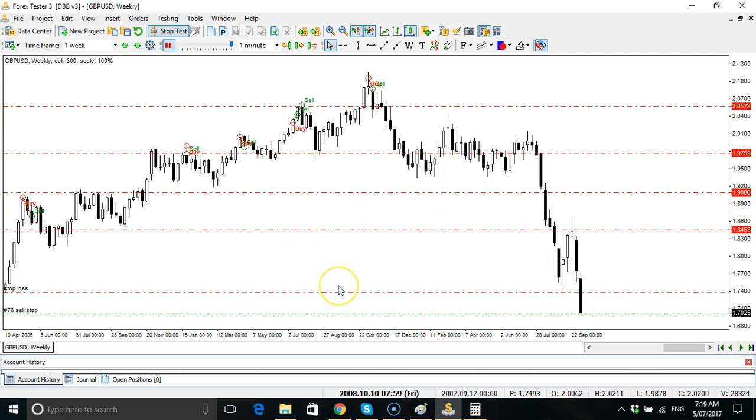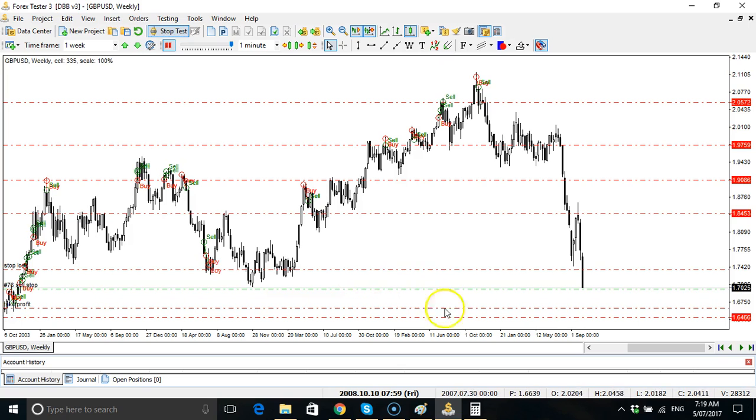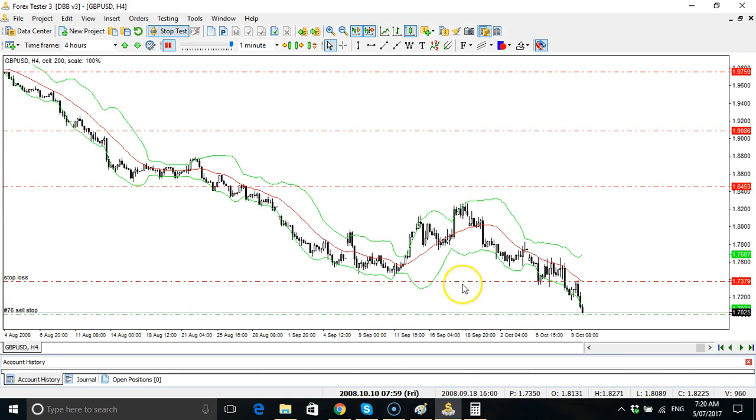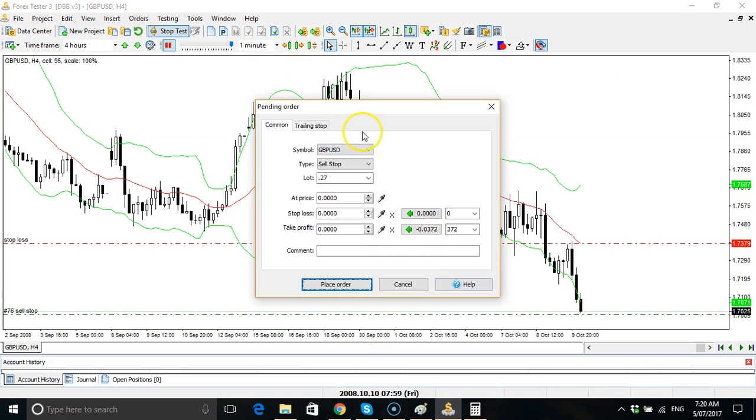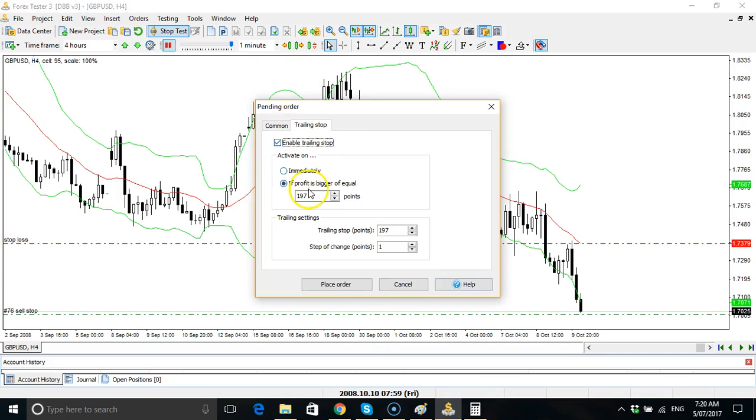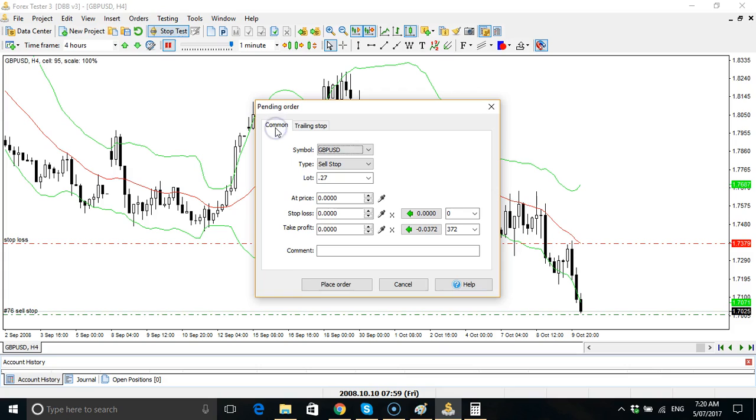I'll just go to the weekly again. I don't know why it keeps doing that little whoosh sound thing, but Forex Tester, keep it real. If you don't want to use this or you're using other software, that's fine. Again, I'm not paid to mention this.